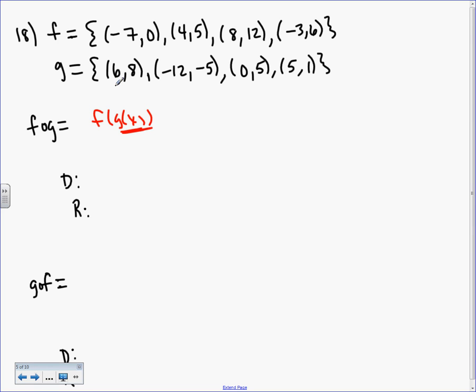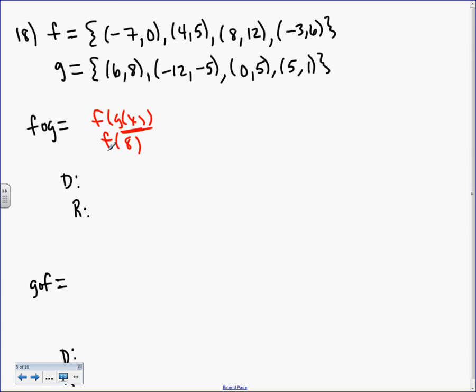That's like input output. What does 6 give me? It gives me 8. So g of 6 is 8. Now I'm going to do f of 8, because the answer to this was 8.